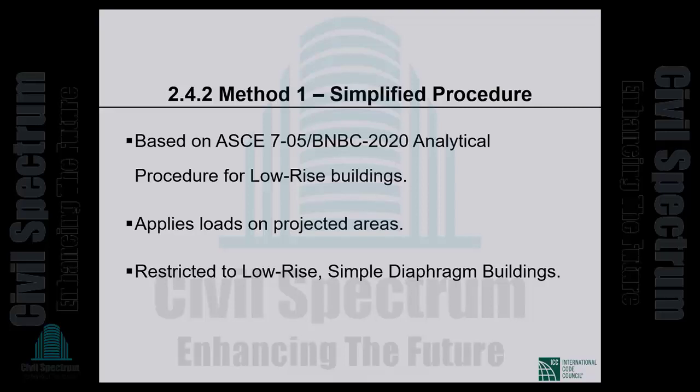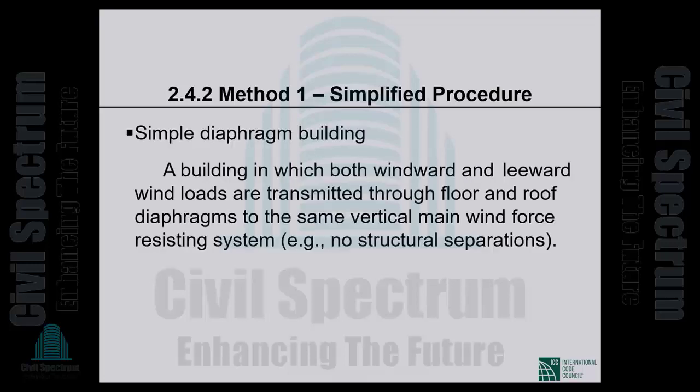This is, as I said, based on the low-rise analytical procedure. It applies loads on projected areas, not perpendicular to the inclined surface, but on projected areas. It is restricted to low-rise buildings having mean roof height less than 60 feet, also less than the minimum plan dimension, and it applies only to simple diaphragm buildings.